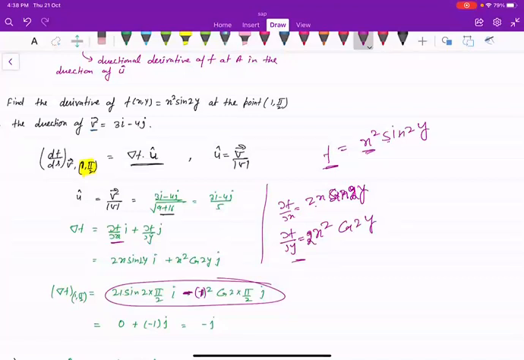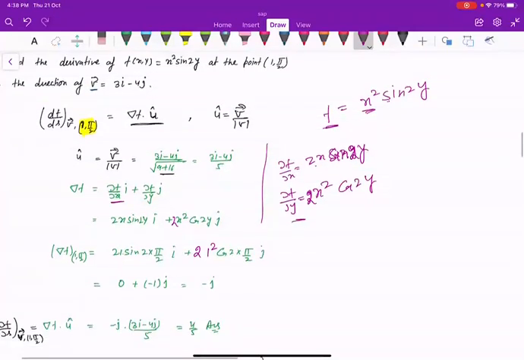So I think del f over del x is what? 2x sine 2y plus x square sine 2y. There should be 2 also, no? Yes, ma'am. So it should be 2 1 square cos 2 pi by 2.